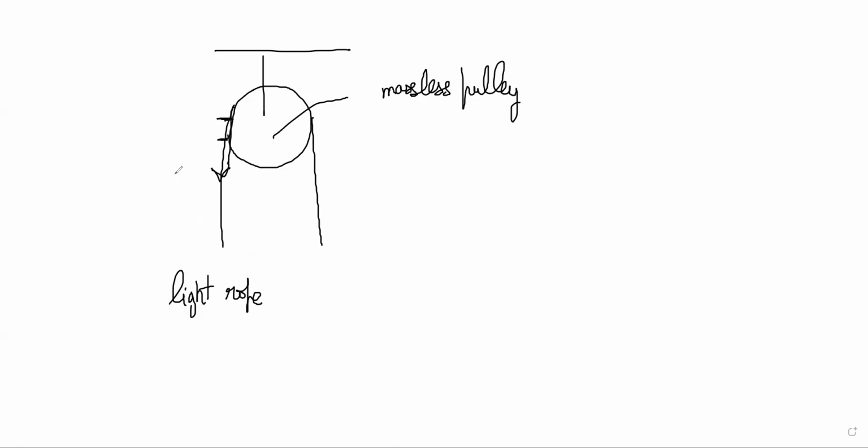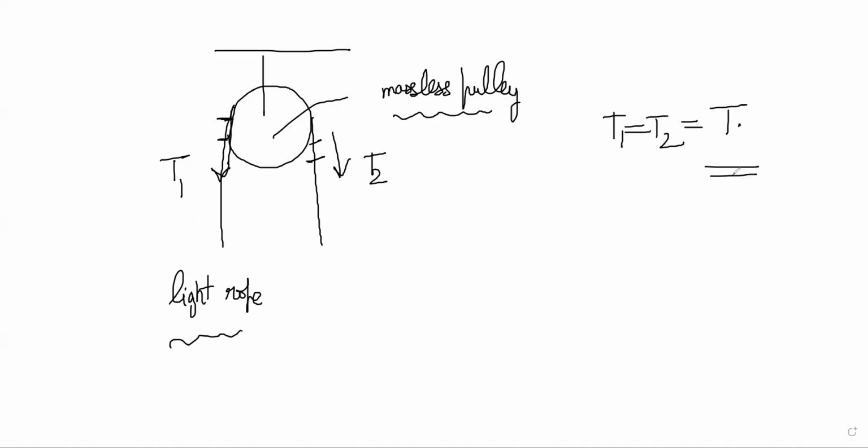This portion of the rope has tension T, and this portion also has a tension T. I could say T1 and T2 are unequal, but what I will argue here is that if it was a massless pulley and a light rope, T1 will be equal to T2, a common tension value. Why is that so?